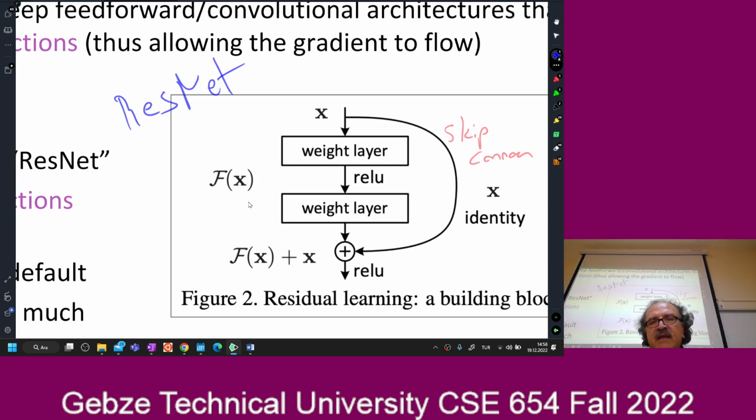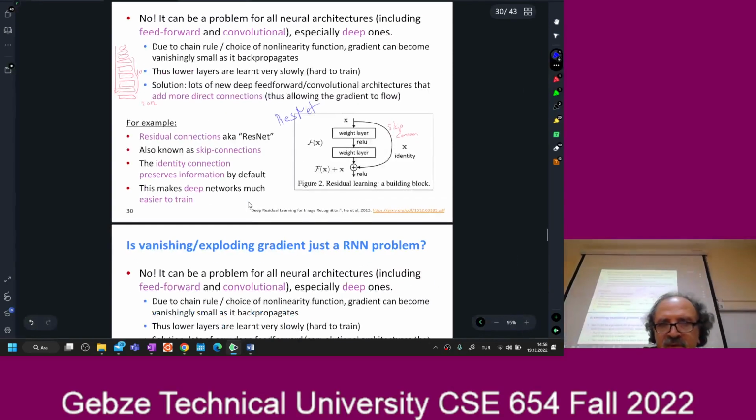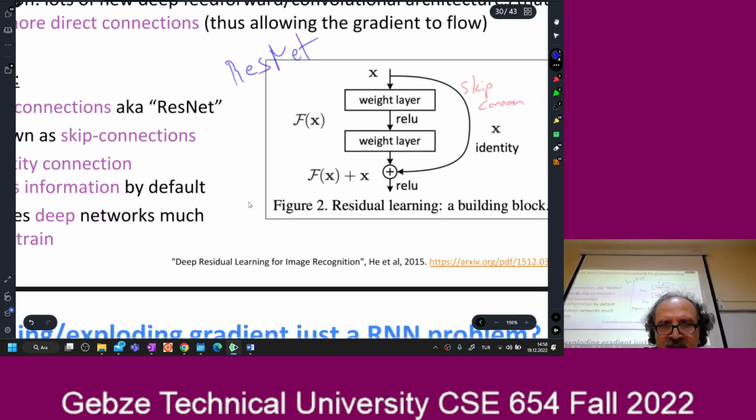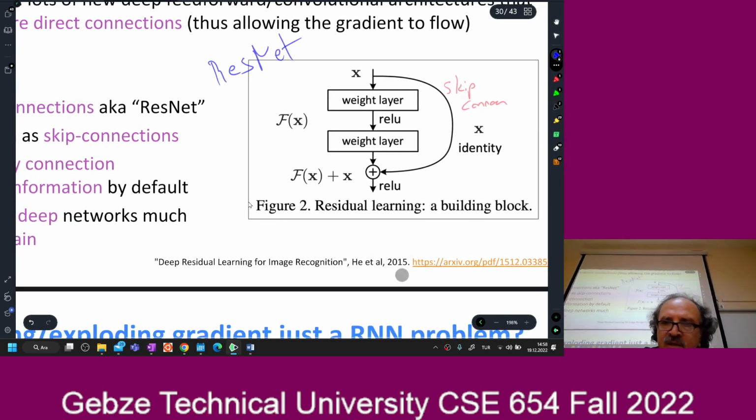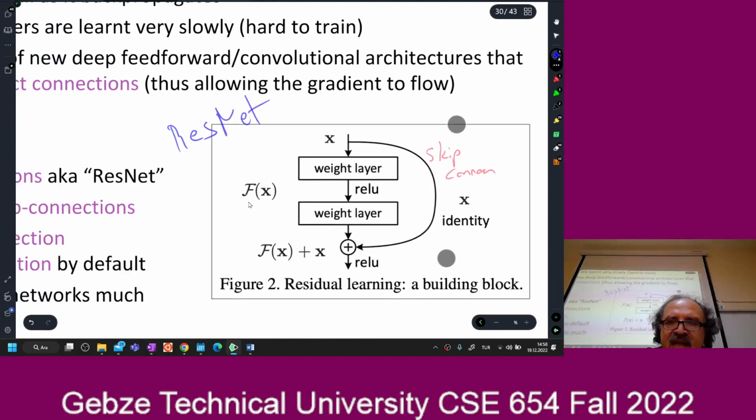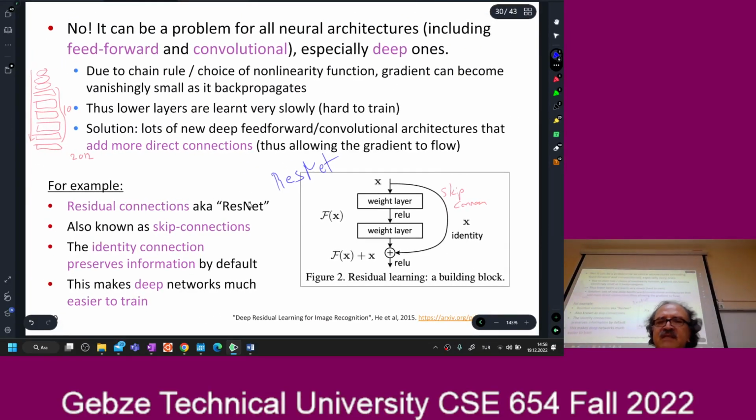Okay? When ResNet introduced this idea in 2016, I don't remember, what was it? 2015. Okay? When they invented it, all of a sudden, our typical number of layers went from 2 to 20 to 100 and 150.